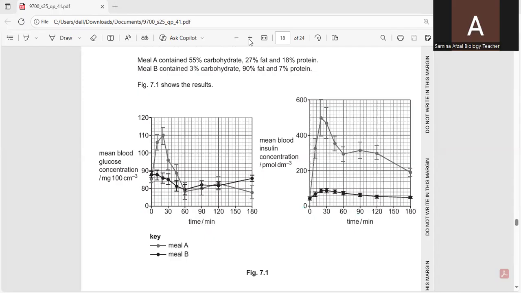And after eating the meal, it dropped after 30 minutes, 60 minutes, to less than the normal point. On the other hand, the insulin which was secreted during this was a very small quantity.